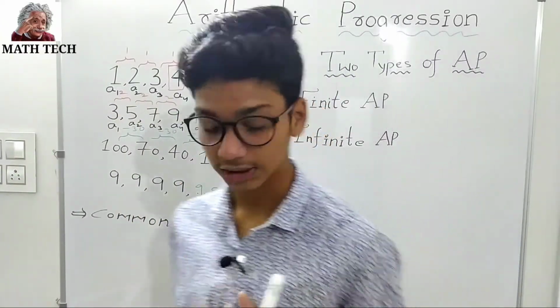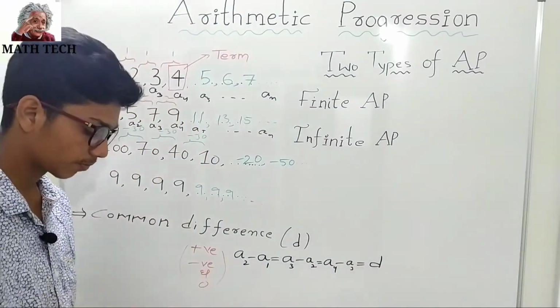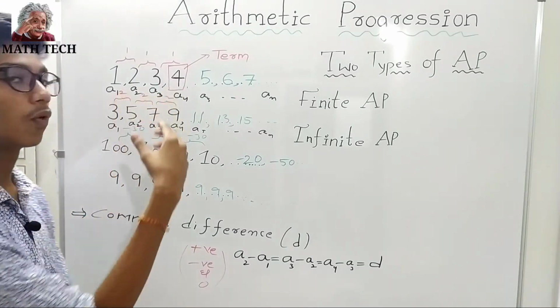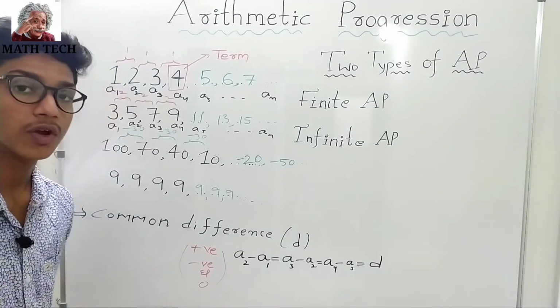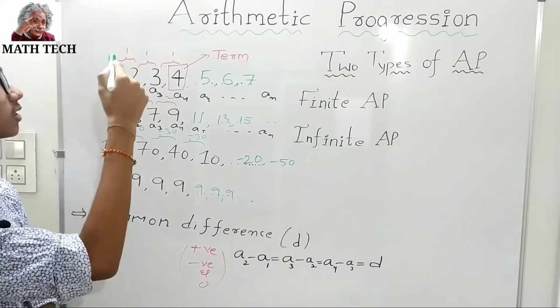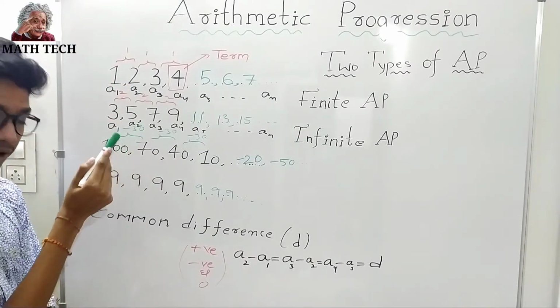We can use this in many problems. Next, the first term. This is just how we define the terms, and usually we define the first term in the series. The first term is 1, 3, 100, 9.